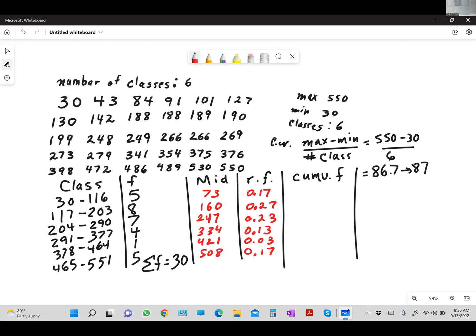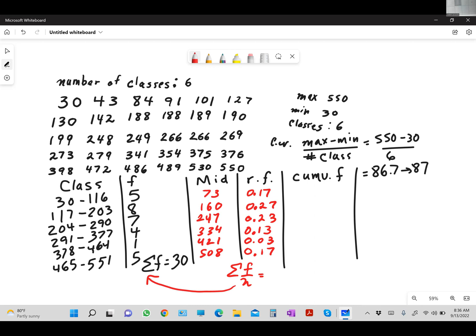Now, 0.17 plus 0.27 plus 0.23 plus 0.13 plus 0.03 plus 0.17 comes out to the sum of my relative frequencies. This is how we write it. The n stands for the total amount of numbers.